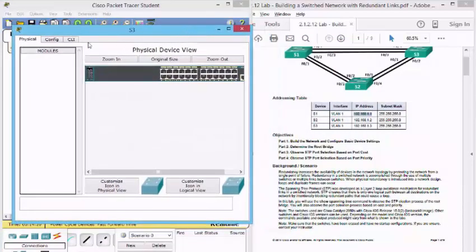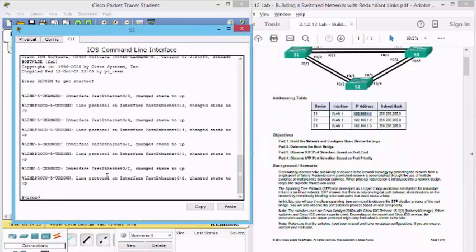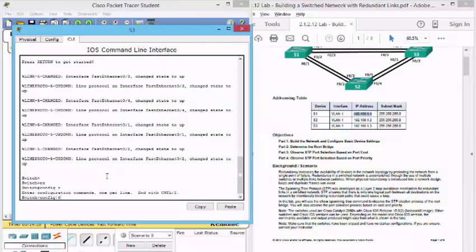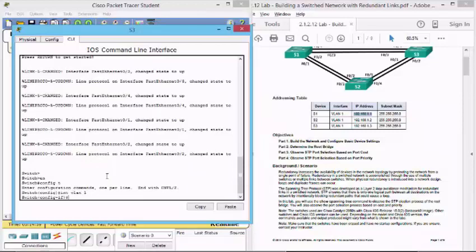And now we go to switch 3. We go to the command line, enable, config t, interface VLAN 1, and what is the IP address? 192.168.1.3.